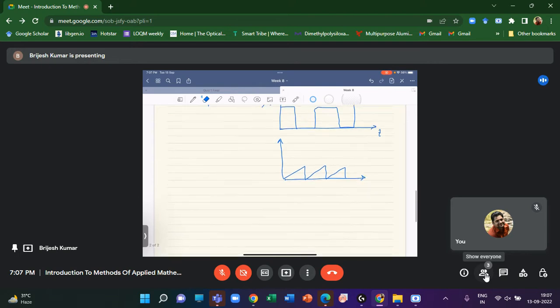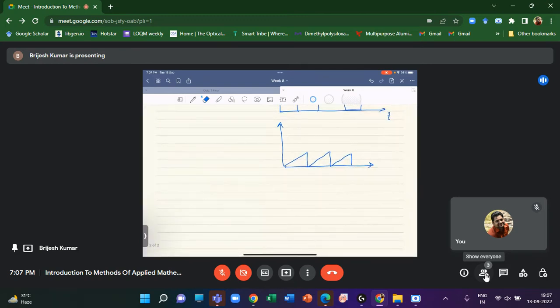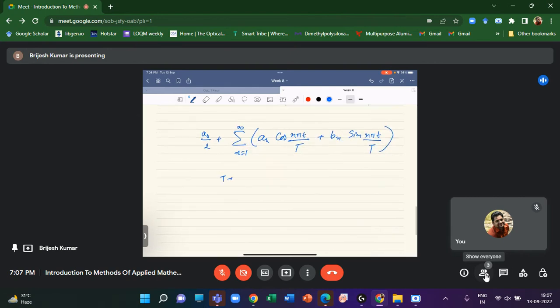sine or cosine, such that any Fourier series can be written as one constant a0 by 2 plus the summation from n equal to 1 to infinity of an cos(n pi t upon capital T) plus bn sin(n pi t upon capital T), where this T is the period of the function, which is defined in some interval where t is from minus T to T. So the period will be 2T, right?